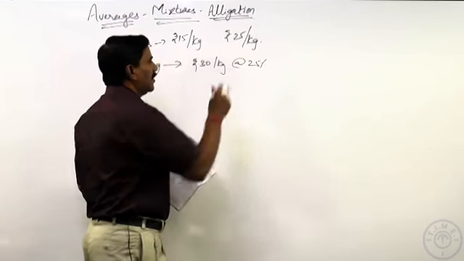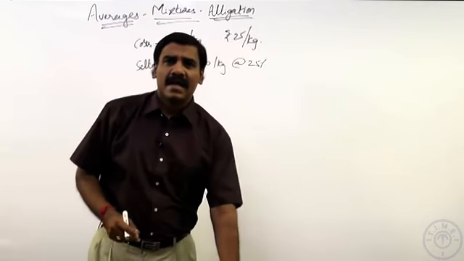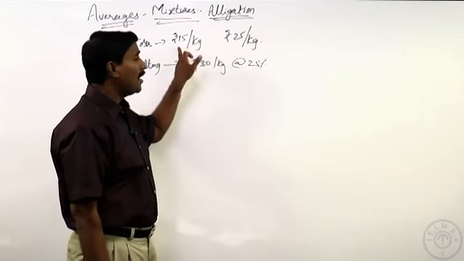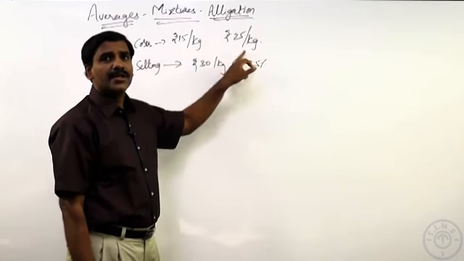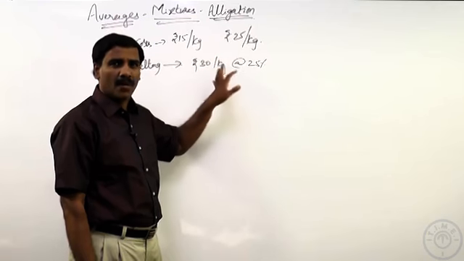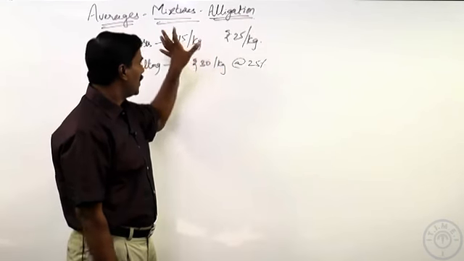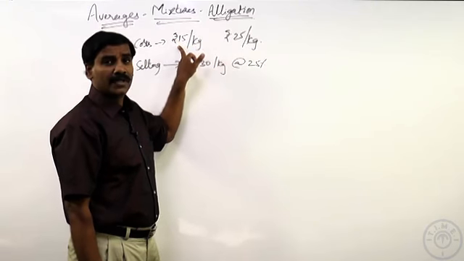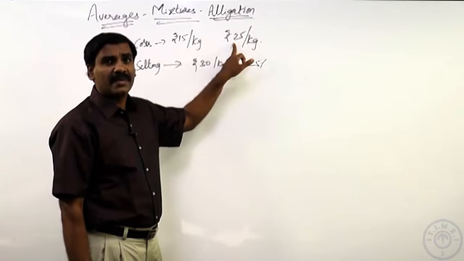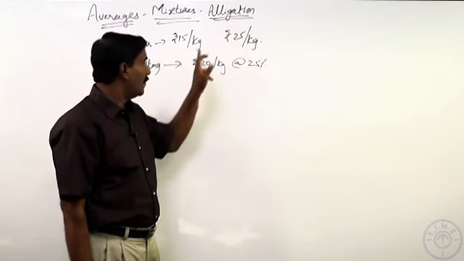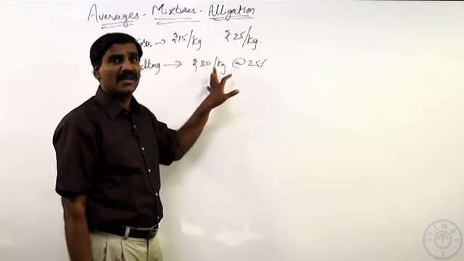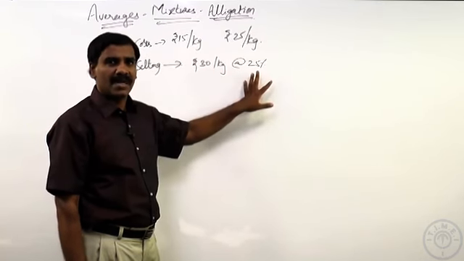Whenever we are using the alligation rule, we have to keep a small point in mind: all three items that we are considering should be in terms of the same quantity. Here the prices of the first two are mentioned in terms of cost prices, whereas the mixture is given in terms of selling price, but we need to convert this into cost price to answer the question.